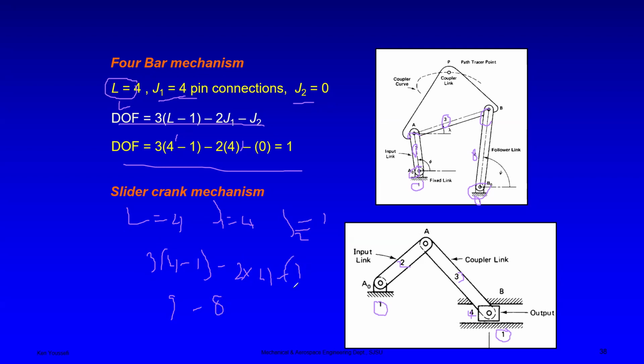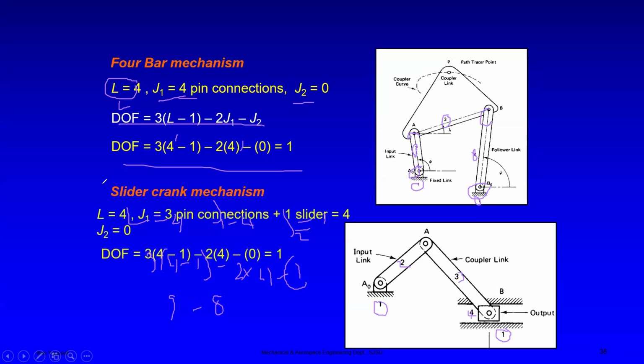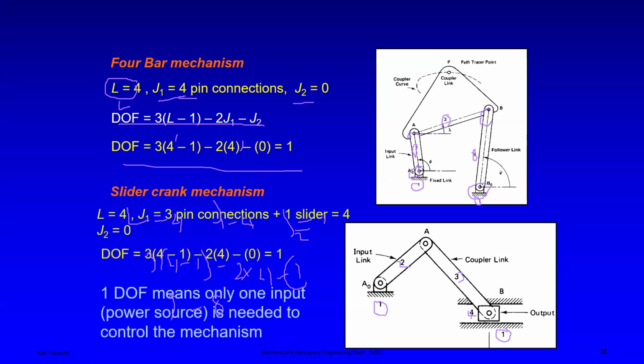No, I think this one is not there, right? Let's find out. Is 1 there? So I need to find out. So 1 is not there because J2 is 0. It is not 1, right? So J2 is 0, not 1.